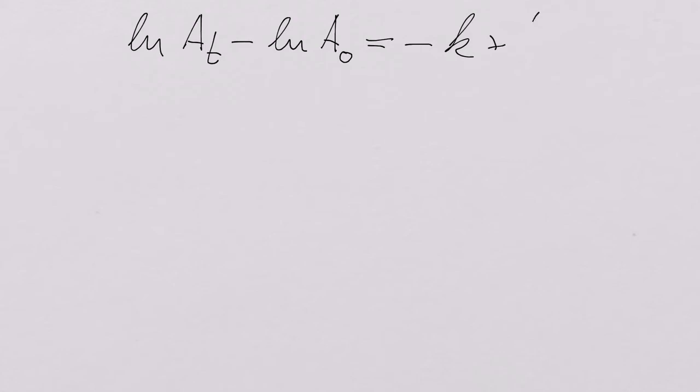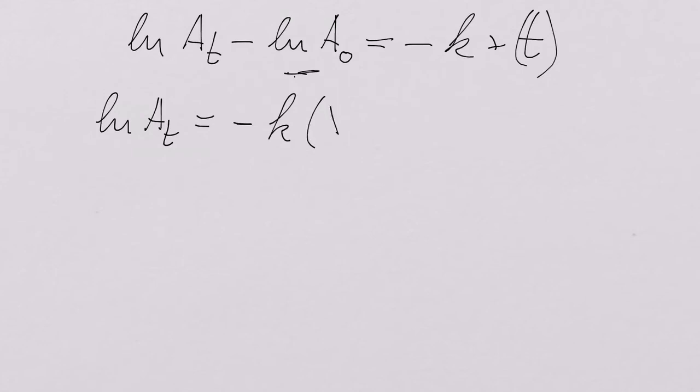Now, when we said we have ln A at the time t minus ln A at the time 0 equals minus k times basically the time here, all we need to do is bring this to the other side, and we get ln A at the time t equals minus k t plus ln A0. And again, you see this is the equation for a straight line.